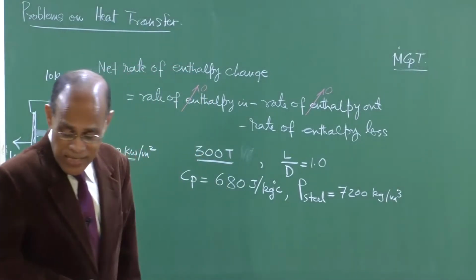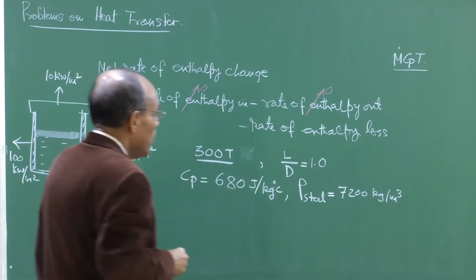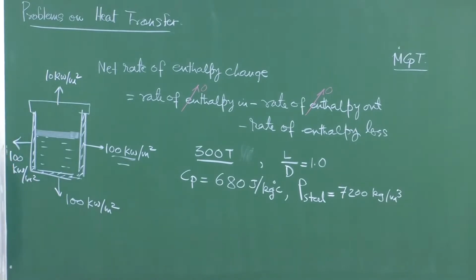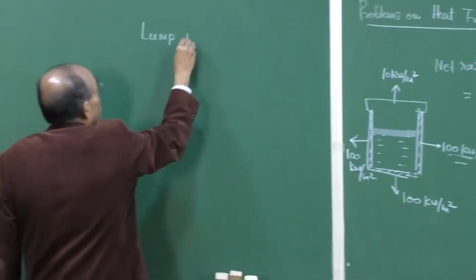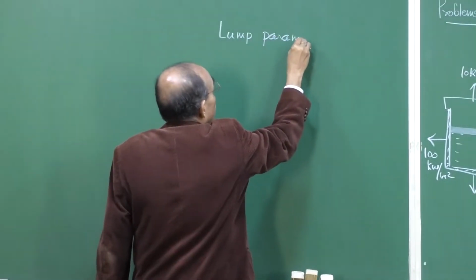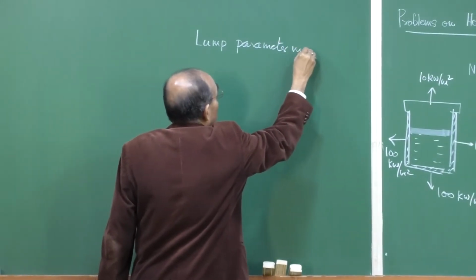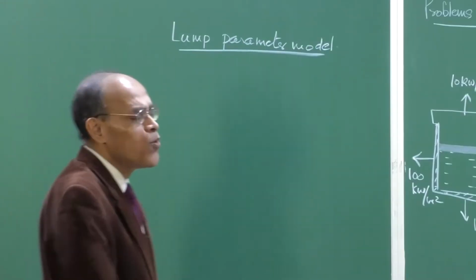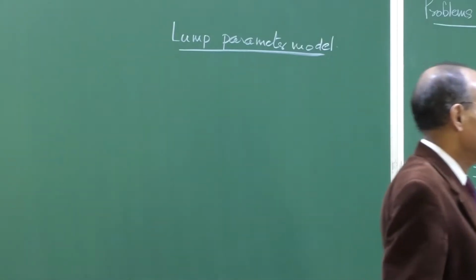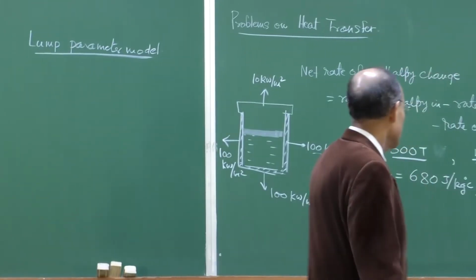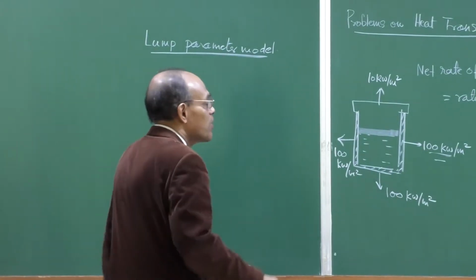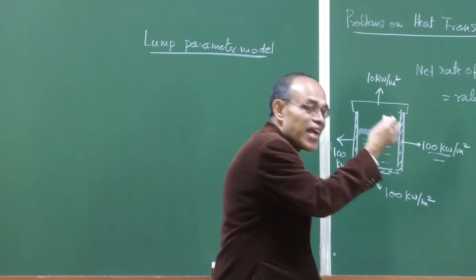Having discussed this simple energy balance description, we can now use a lump parameter model. Much more complicated problems can be solved through numerical methods, but as far as analytical treatments, these are basically the first hand estimates.